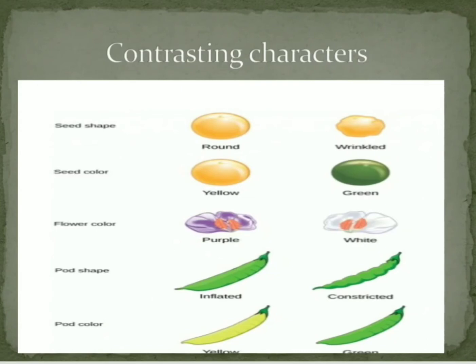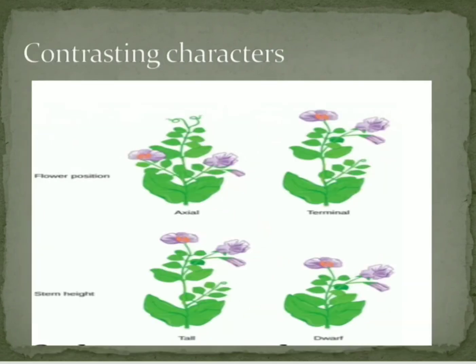Pod color: green is dominant over yellow. Each character has 2 contrasting forms, dominant as well as recessive. Flower position: axial is dominant over terminal. Stem length: tall is dominant over dwarf. So these are the 7 contrasting characters present in the pea plant.